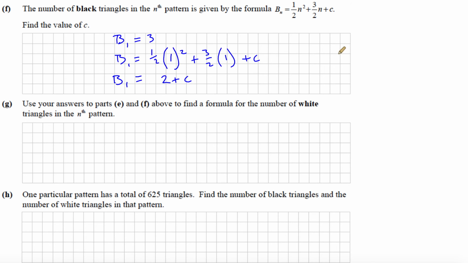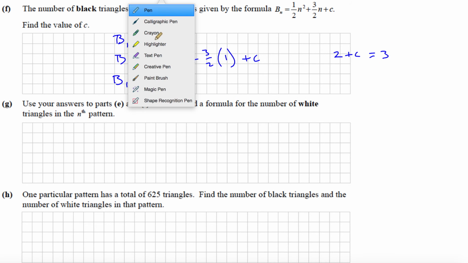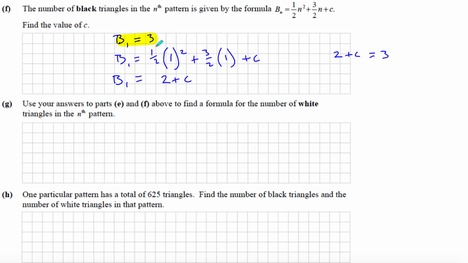So 2 plus c must be equal to 3, if those two things are the same. And if 2 plus c is equal to 3, that must mean that c is 1. So that's the answer to part F.